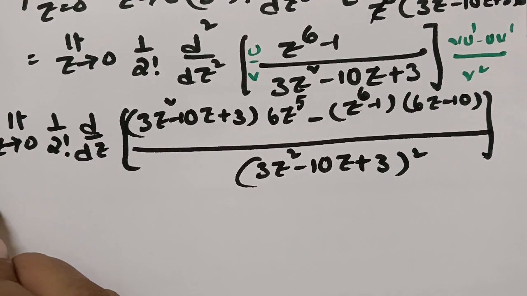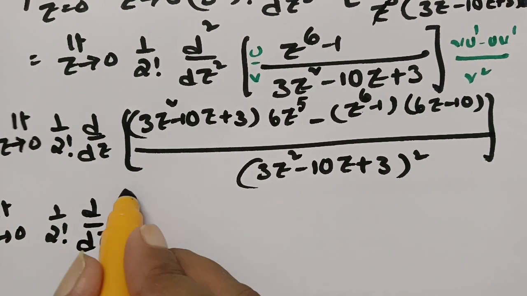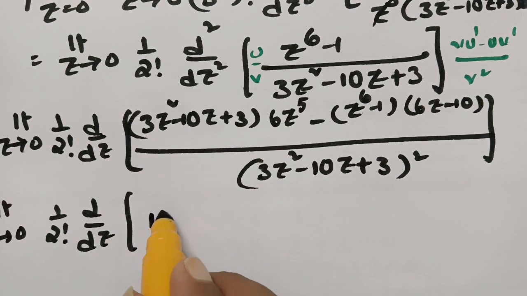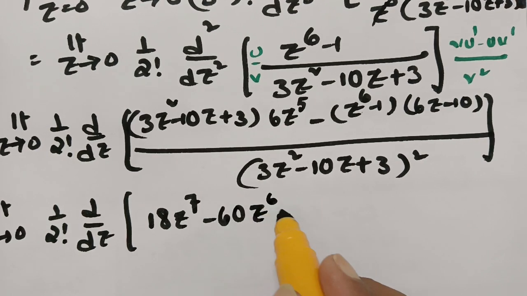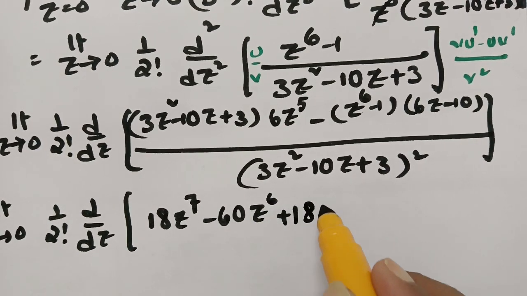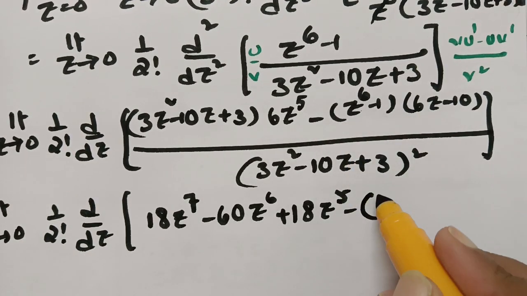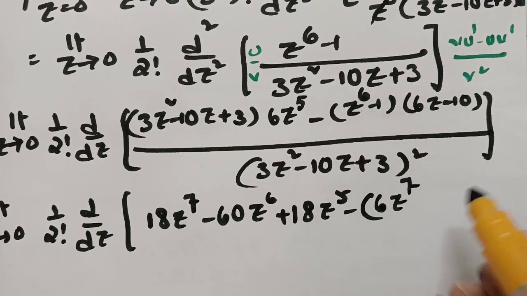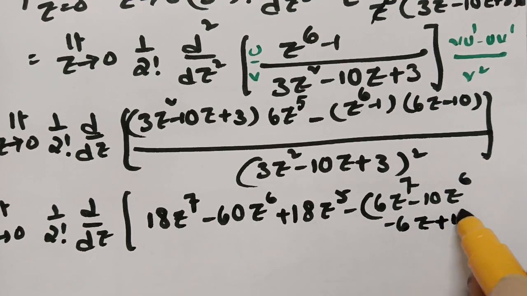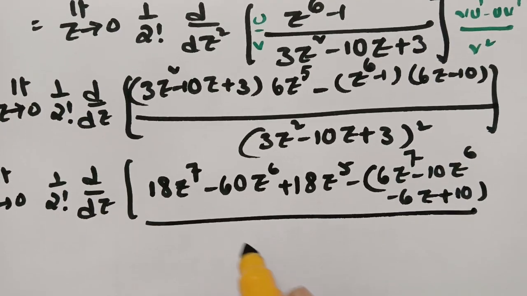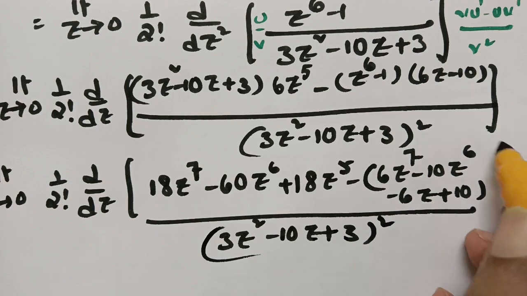And if I multiply, this will be limit z tends to 0 of 1 by 2 factorial into d by dz of, 18 z power 7 minus 60 z power 6 plus 18 z power 5, and multiplying the other term, minus 6 z power 7 plus 10 z power 6 plus 6z minus 10, by 3z square minus 10z plus 3 whole square.